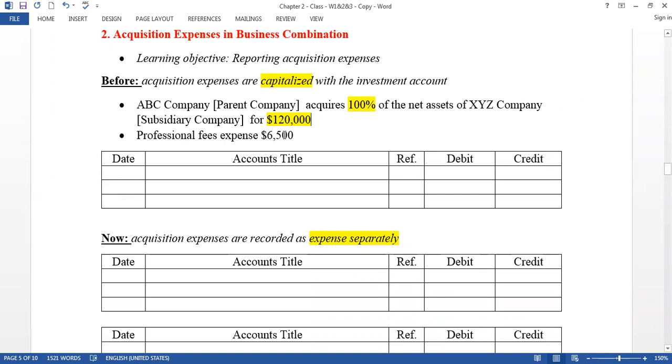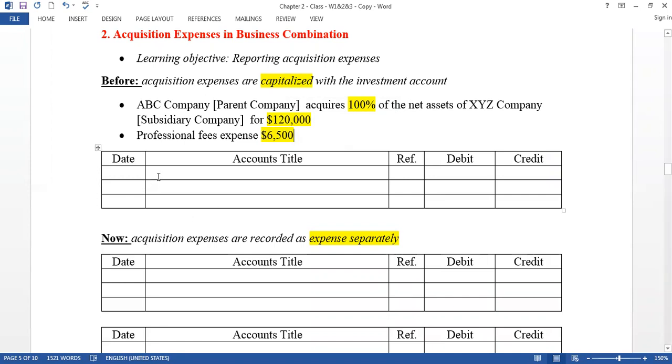And someone helps you to buy this other company, and you have to pay them professional fees expense of 6,500. Do you understand the meaning of professional fees expense? Some accounting firm or brokerage firm helps you to buy this company, and you pay them 6,500 in addition.